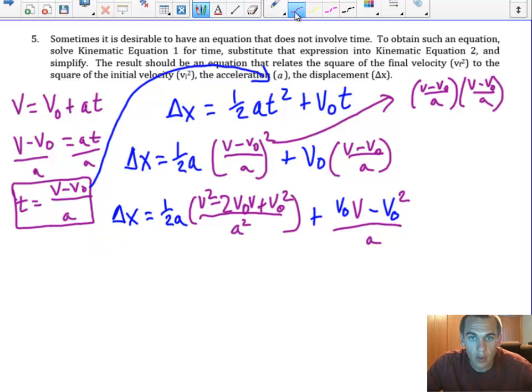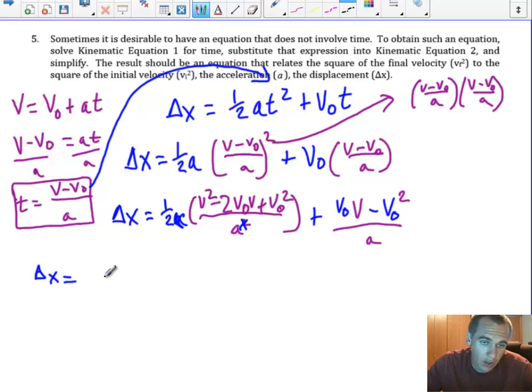Okay. So we have change in position, delta x equals 1/2 a times this whole thing, but this whole thing has this a squared in it. So I'm going to cancel that square with this a, and then I'm just going to go ahead and distribute that half through to everything. Okay, now remember this a is still left and it's dividing everything.